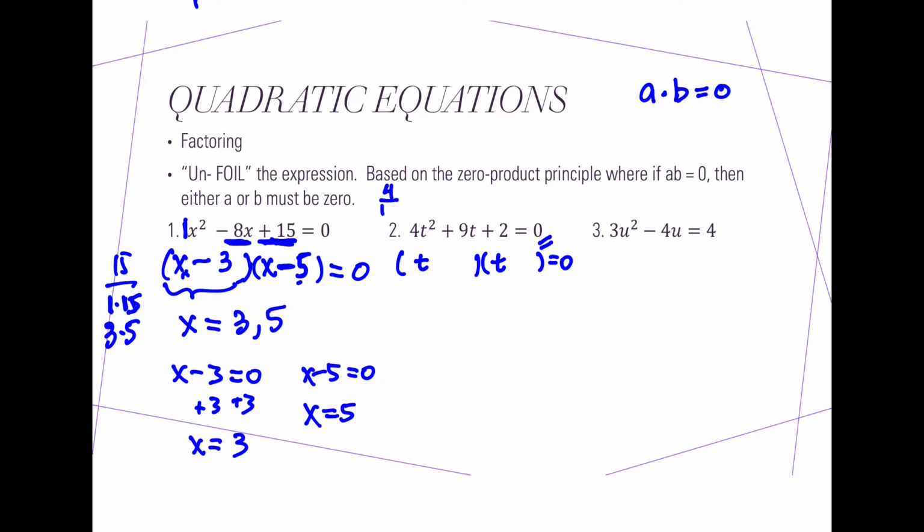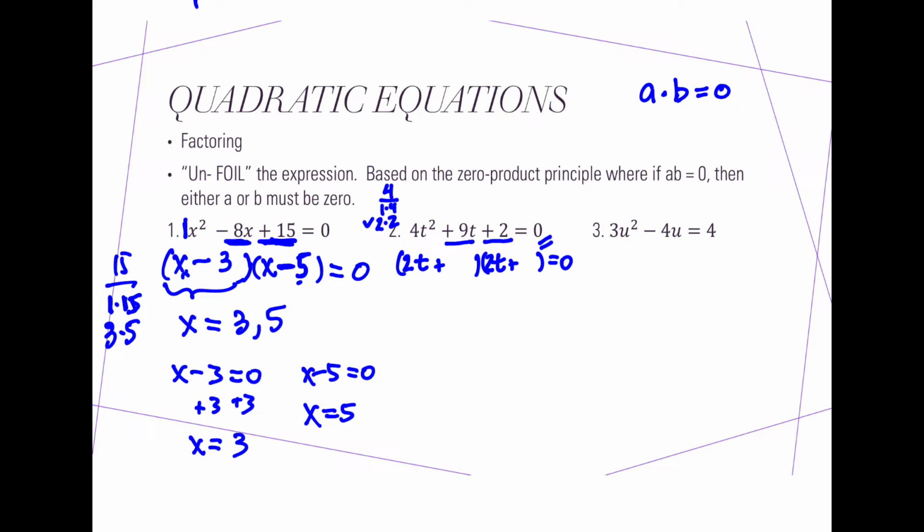Now 4 can either be 1 times 4 or 2 times 2. I'm generally going to start with the two that are closest to each other, and that's just a good practice. Why? Because it tends to be those numbers, and I don't know why, but it isn't always. I also know that I have a positive here, so that means it's either plus plus or minus minus, and because I have a plus here, I know it has to be plus plus.